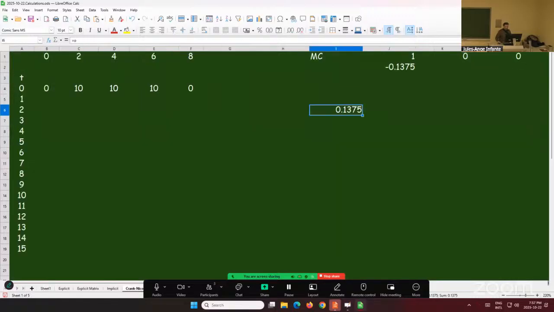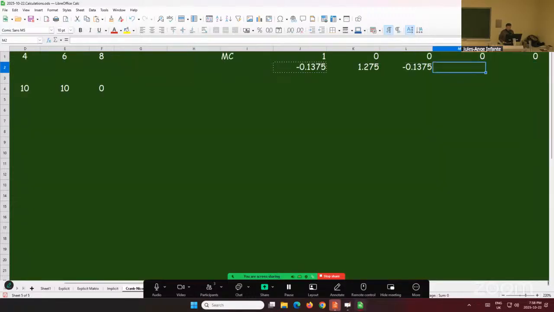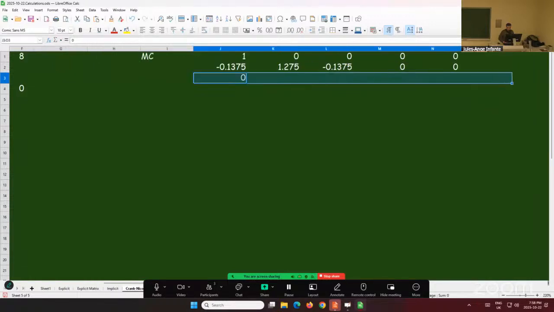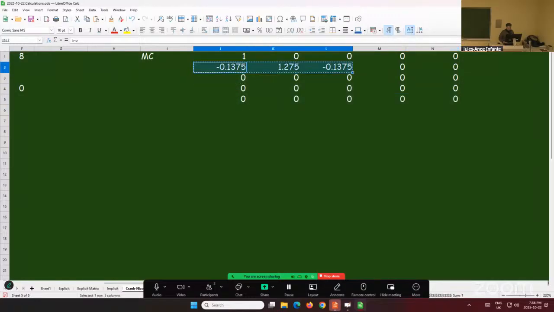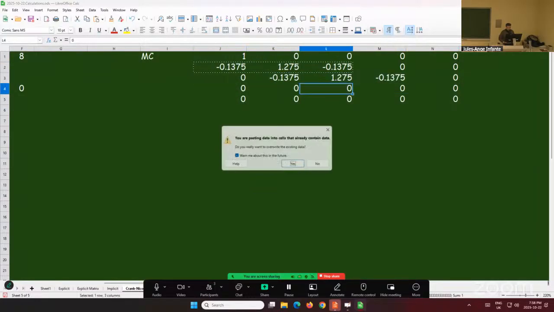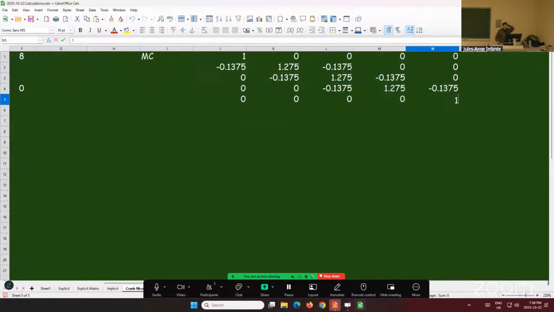Okay, now it works. So minus rho, 1 plus 2 times rho. And that will be minus rho. The zeros everywhere first. Easier. Okay, and that's the M matrix for Crank-Nicholson.